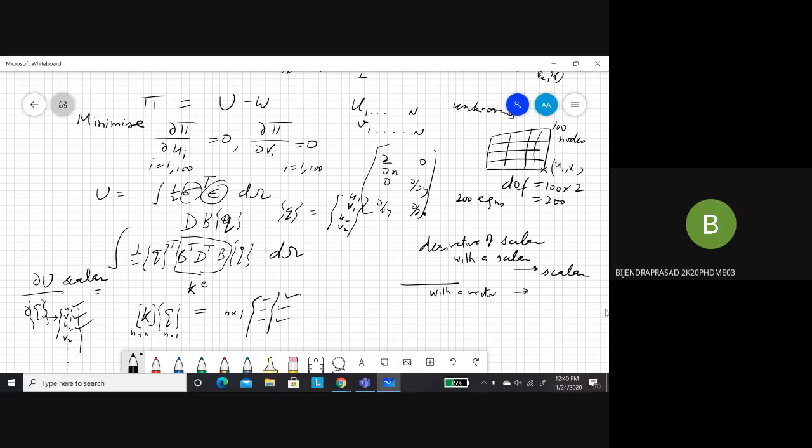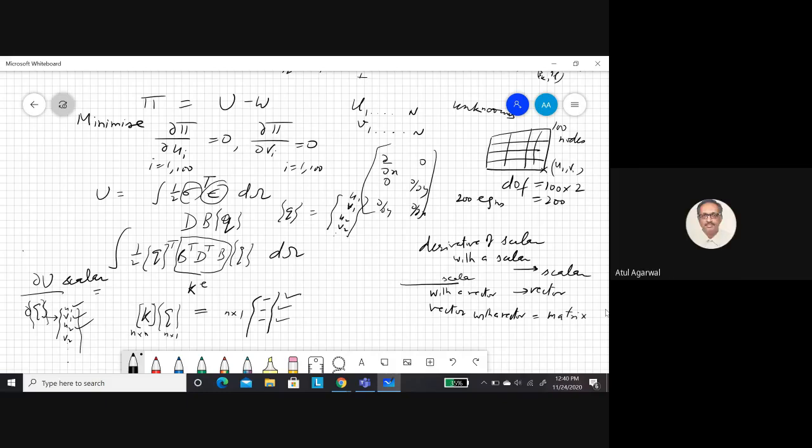The vector, sir. Suppose you take derivative of a vector with a vector. What do you get? It would be vector, sir. You will get a matrix.